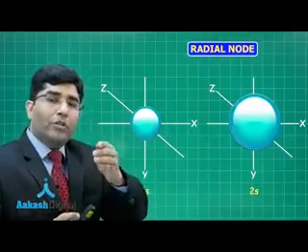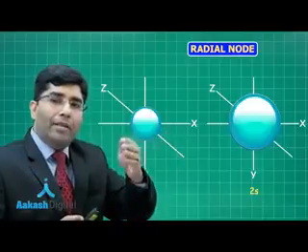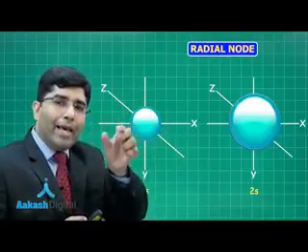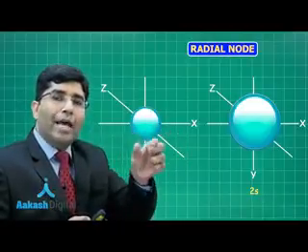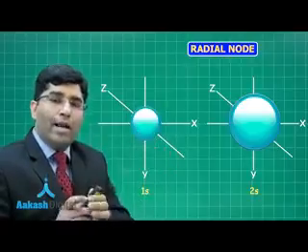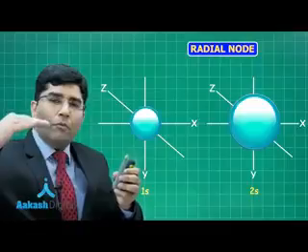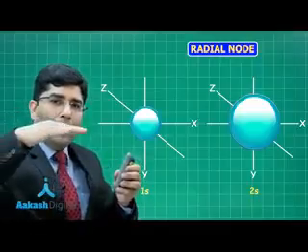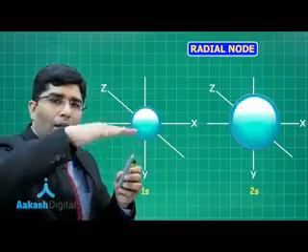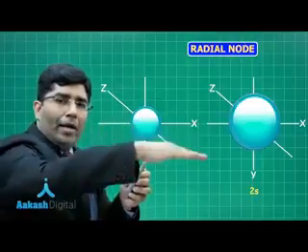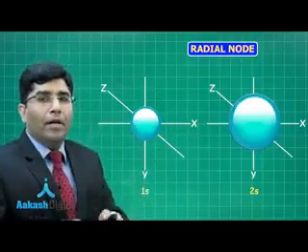So there will be shells like K, L, M, N, and there will be gaps between them. Those gaps are called nodes, and as we are not changing any angle, we are moving from the nucleus and going from K to L, L to M, M to N, we will call them radial nodes.